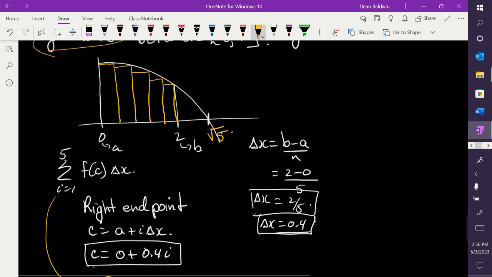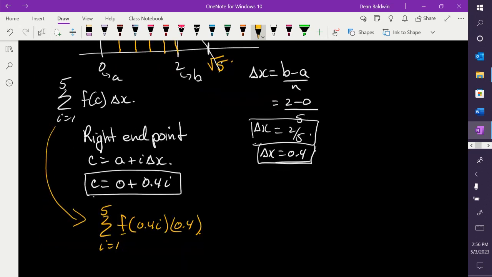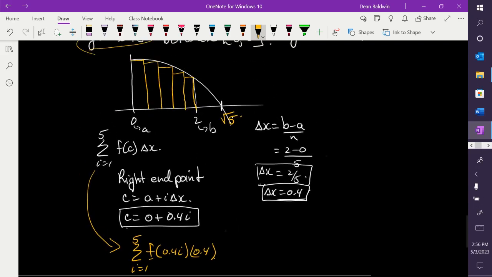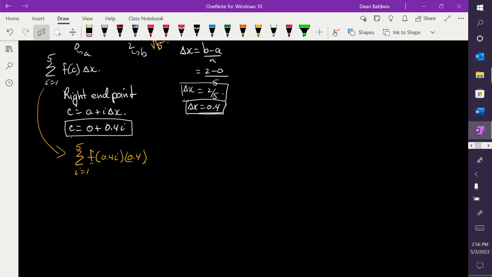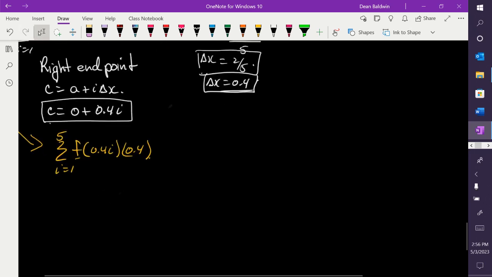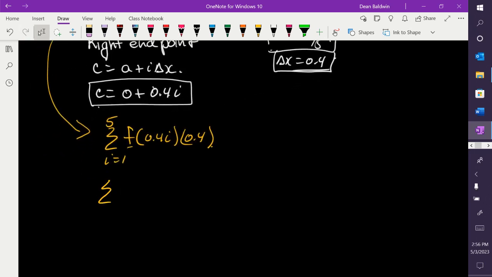So that means we have to put 0.4i in for x, because in functional notation, whatever's in the brackets, we sub in for x. So we get the sum from i equal to 1 to 5 of negative (0.4i) squared plus 5.